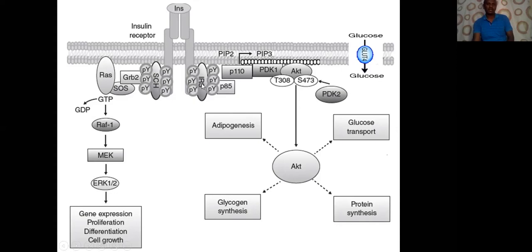Once insulin binds to the insulin receptor, the receptor will be phosphorylated, and this phosphorylation causes the binding of the insulin receptor substrate, especially insulin receptor substrate protein region 85.